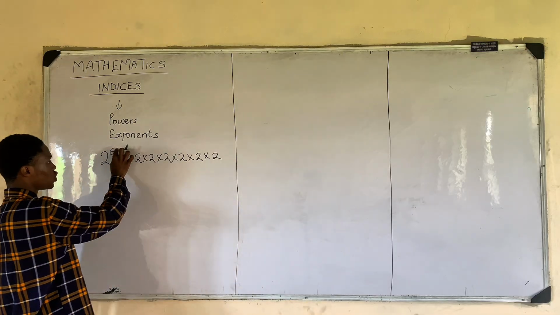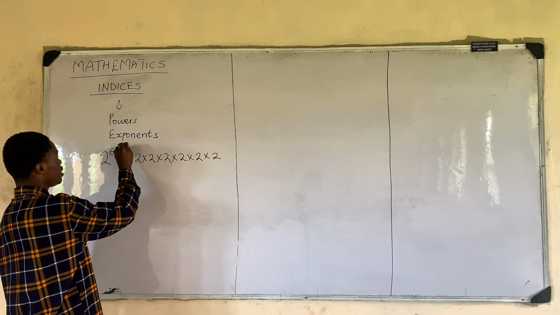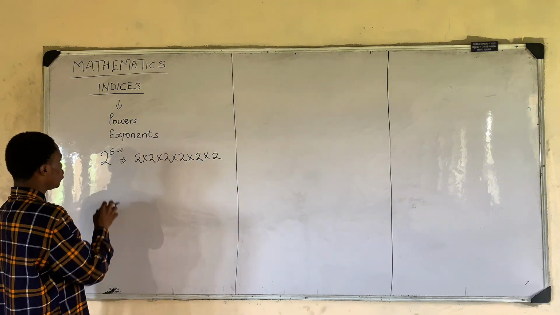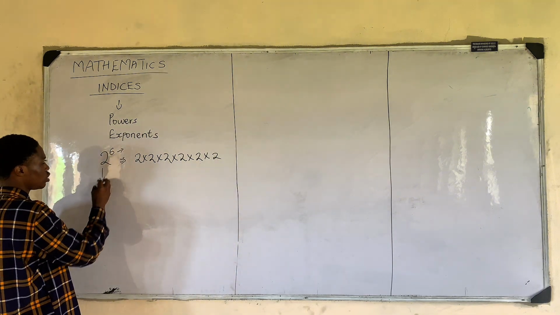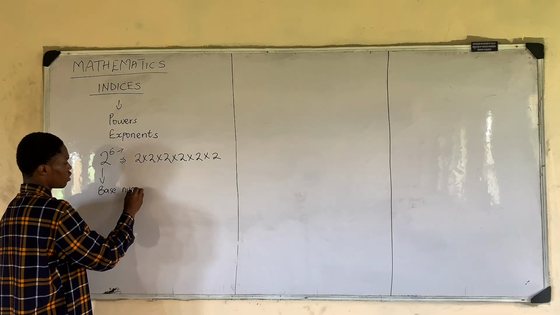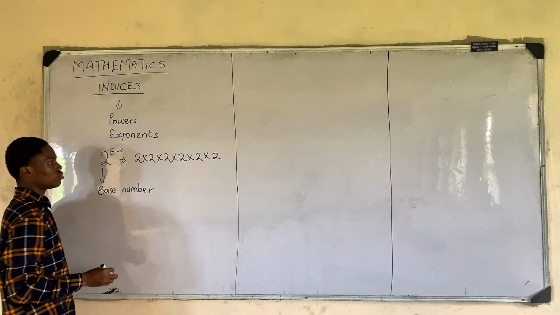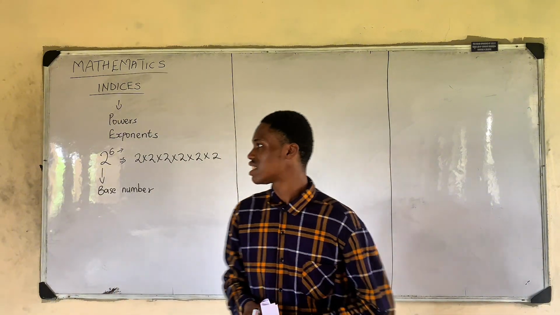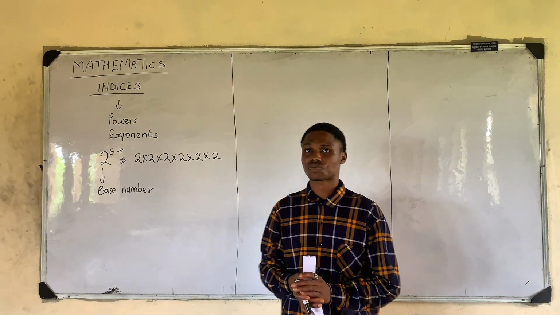This superscript is called the exponent or the power, while this number is called the base number. So the 2 is the base number, whereas the 6 is the power.